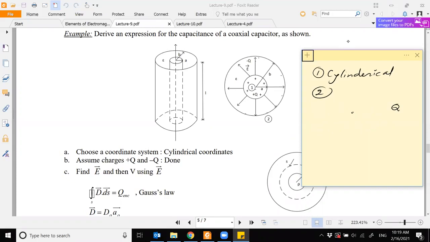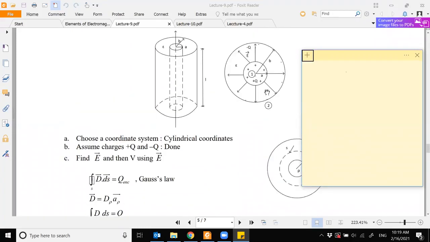We use Gauss's law, because as we have already seen, the first method is based on Gauss's law. So we will find the electric field, because Gauss's law is the law which relates the electric field and the charge. So since we know the charge here, we will find the electric field.